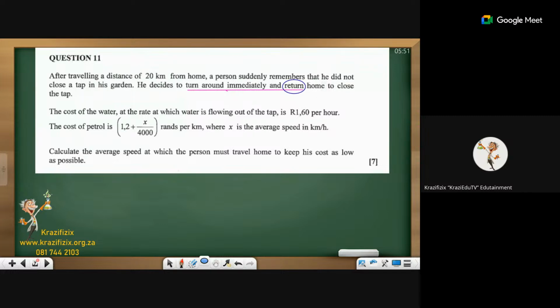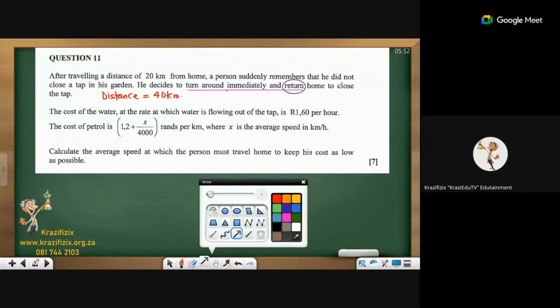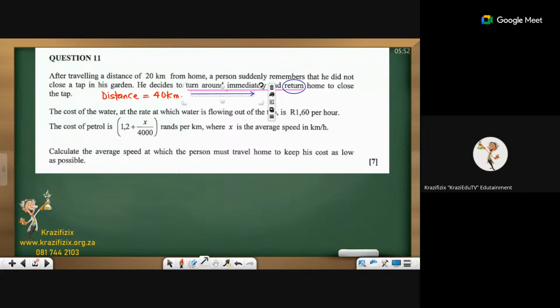What does that mean? Guys, it simply means this guy has covered a distance of 40 kilometers. After traveling a distance of 20, he remembers, then he returns. So it's 20 forward and 20 backwards.